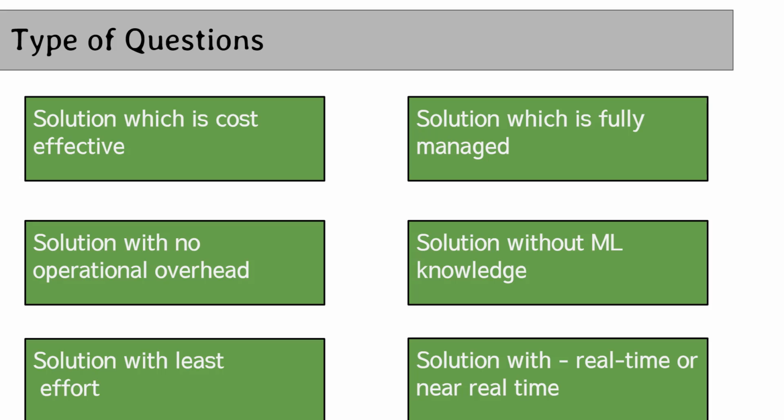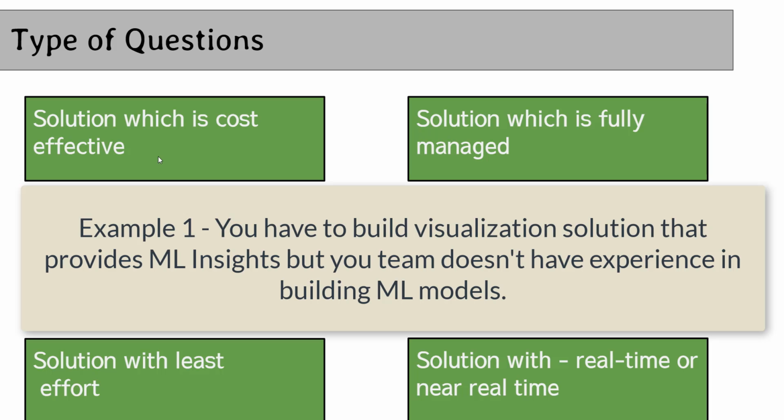So these will help you to select the right answer, because the questions are very confusing. You may have to choose a solution which is cost effective, or which is fully managed, or a solution with no operational overhead, or a solution without ML knowledge. You get a question like you have to build some visualizations and you have to provide ML insights on that, but your team doesn't have any knowledge on that, so you have to provide a solution without ML knowledge.